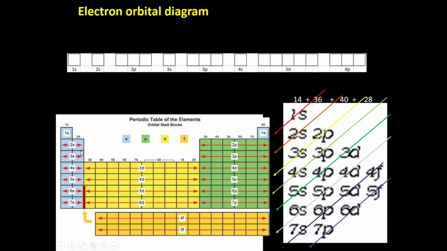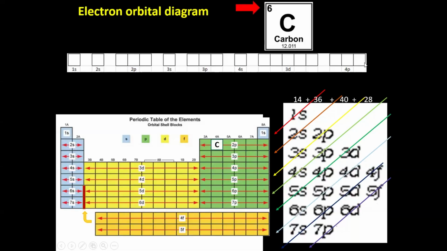So the first and second groups are the s orbitals, and this whole chunk over here on the right, the green, is the p orbitals. This blue one is the other s orbital, part of the s orbital. And then all these down here are the d orbitals, and then these 2 rows down here are the f. The reason I don't have any more letters written out here is that by the time we get to element number 118, it's in the 7p orbital, and we don't have any more to go to.